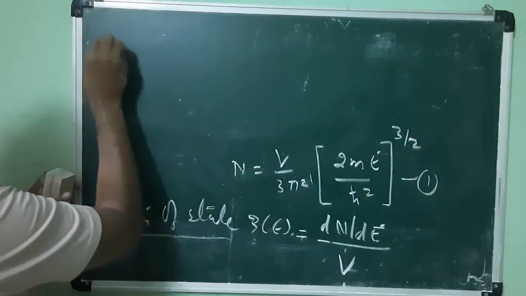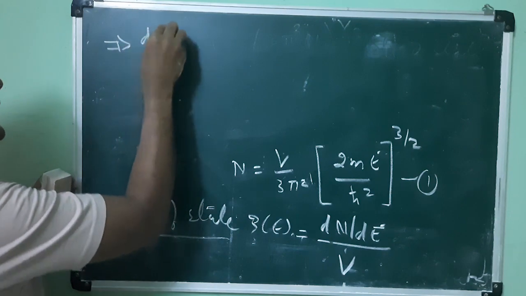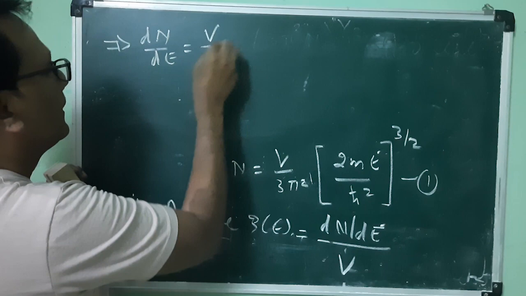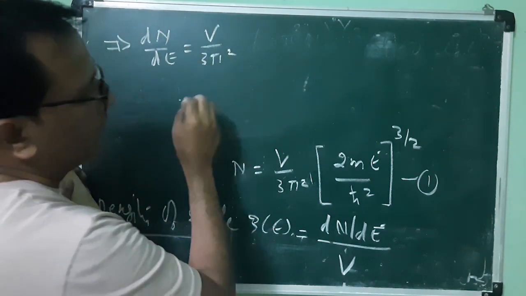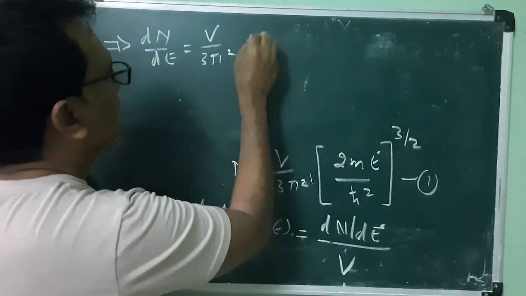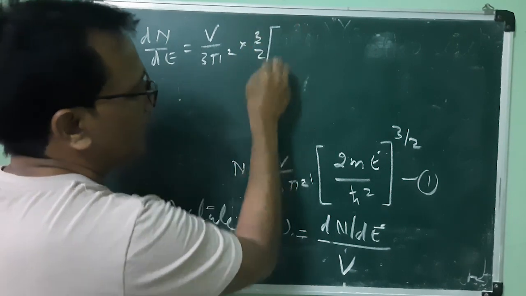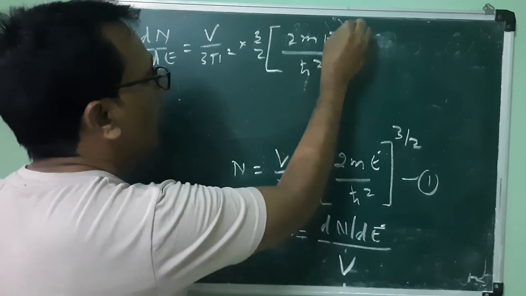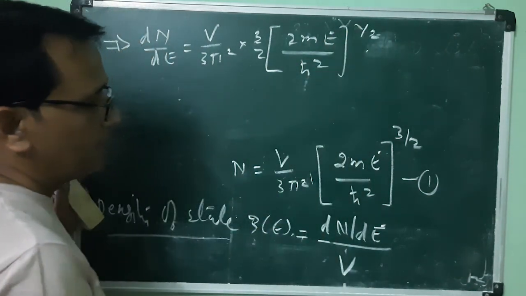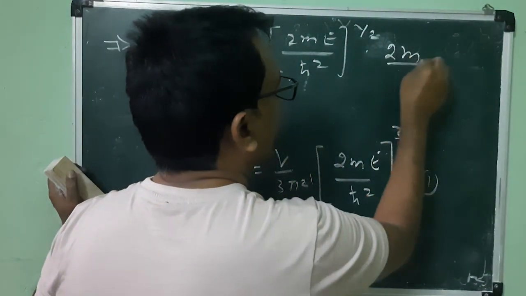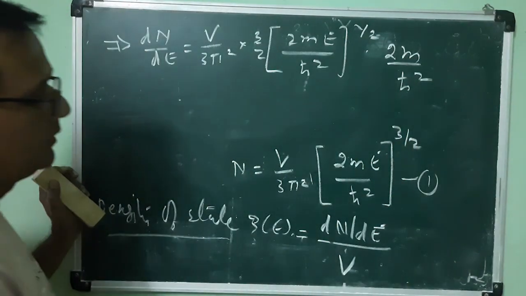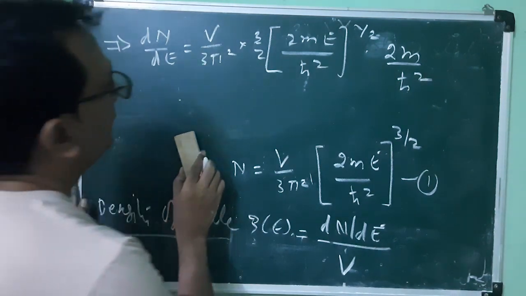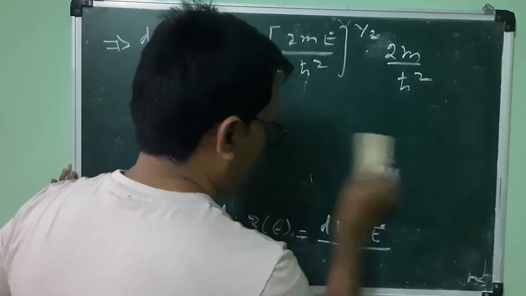So let us calculate dN by dE, which is equal to V by 3π square, and by differentiating this is multiplied by 3/2, and (2mE by ħ square) to the half multiplied by 2m by ħ square. This is the differentiation part, and we can put it here.